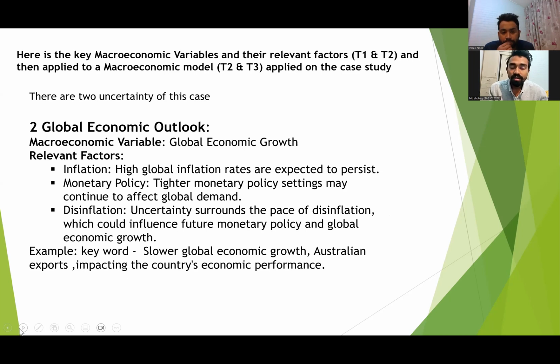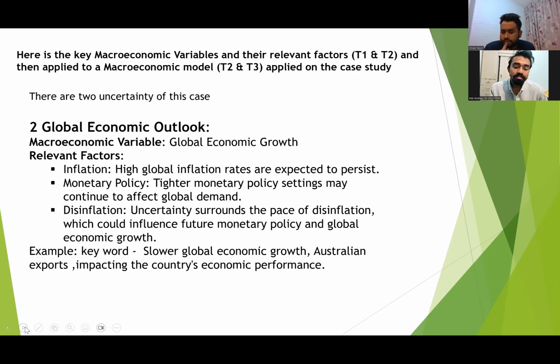The second one is the global economic outlook. In the global economic outlook, the macroeconomic variable is global economic growth, and the relevant factors are inflation, monetary policy, and disinflation. High global inflation rates are expected to persist, and tighter monetary policy settings may continue to affect global demand.